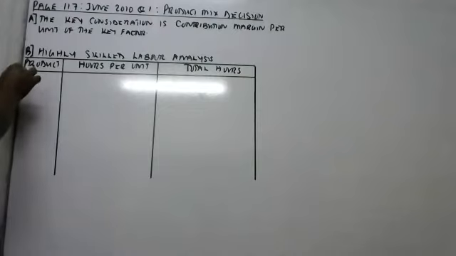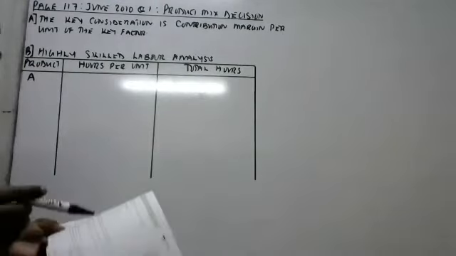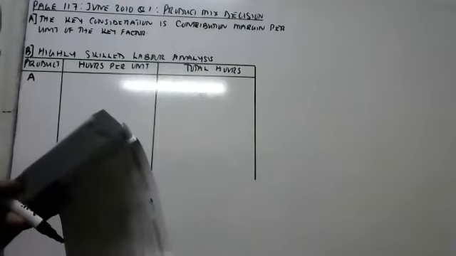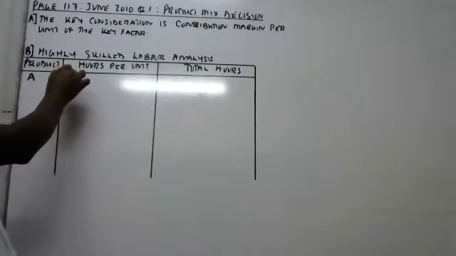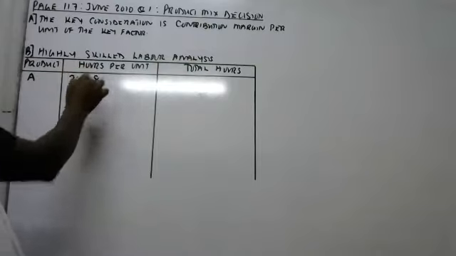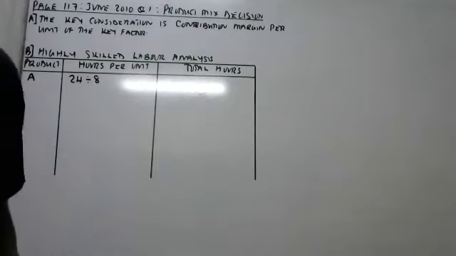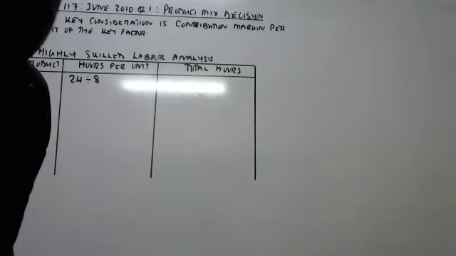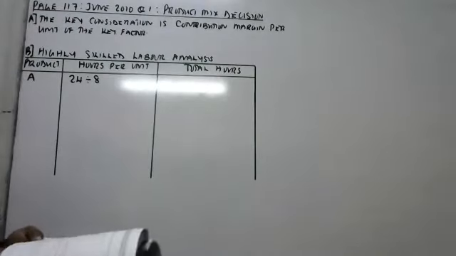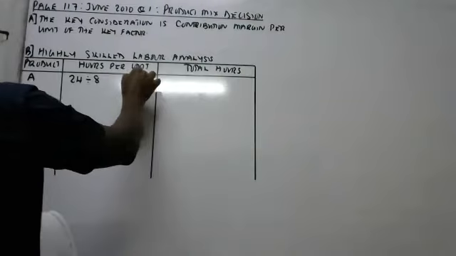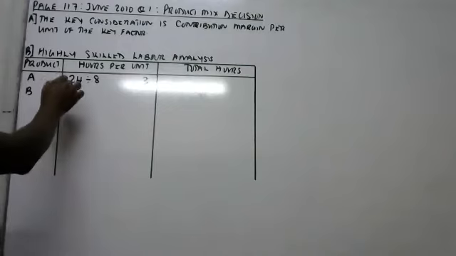So when we go to product A, what we shall do is the labor for installation, you can see it is 24. So you say 24 divided by 8 is how many hours? Good, you can see it is 3. Then we go to B. B, you can see it has that 32.